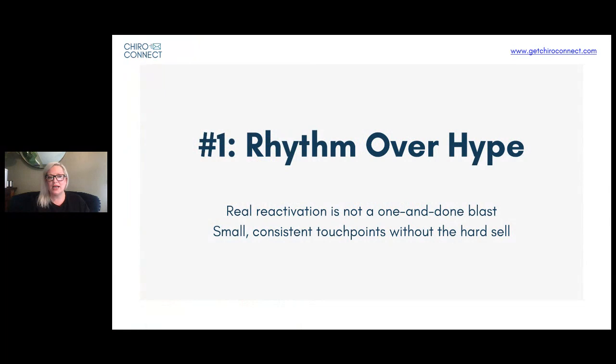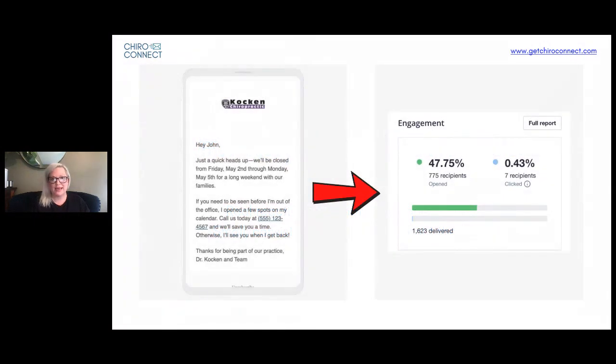That's because if you're not consistently emailing your patients, they don't know to look for emails from you. So it's better to email at intervals that make sense in your practice. True reactivation is about small, consistent touch points that keep you top of mind without shoving offers down their throat. And I'm going to show you a real-life example.